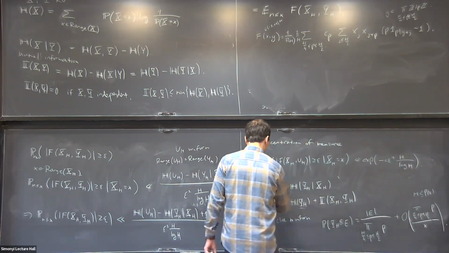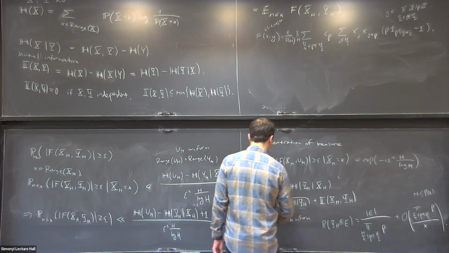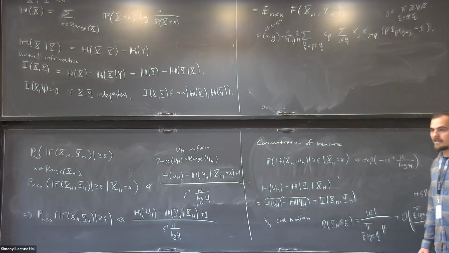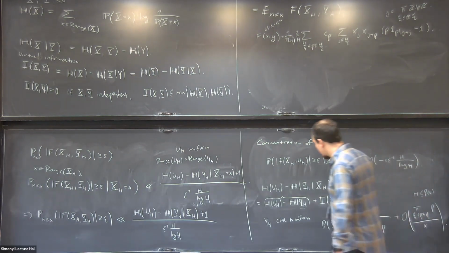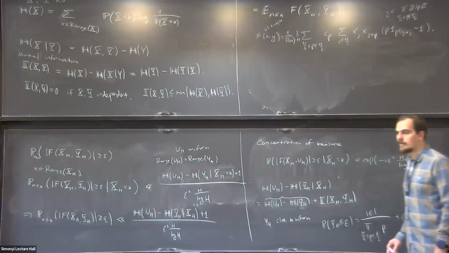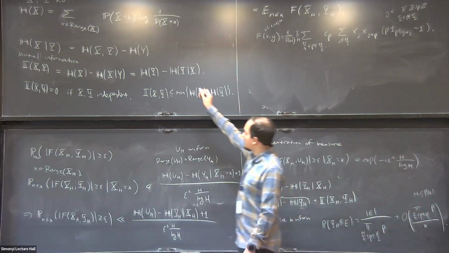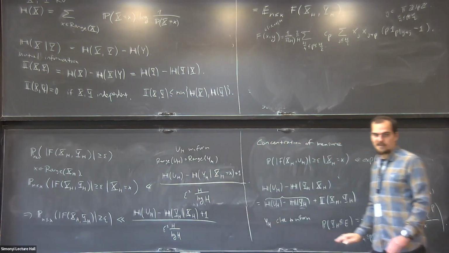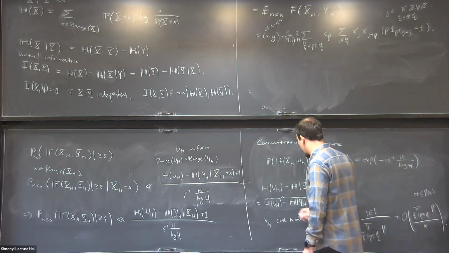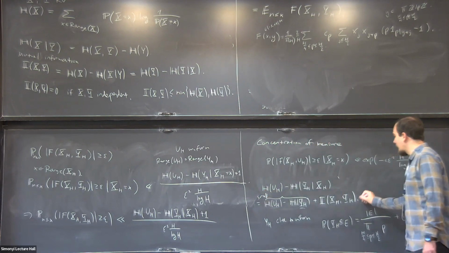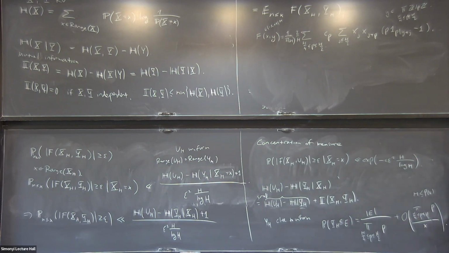So this part you can bound by the log of the cardinality. I mean that's the upper bound, but you need to compare the individual probabilities, that all the individual probabilities for U and Y are almost equal, and therefore the entropy is by continuity almost the same. So this term is something very small, and therefore you're essentially left with the information, and that gives you the first bound.